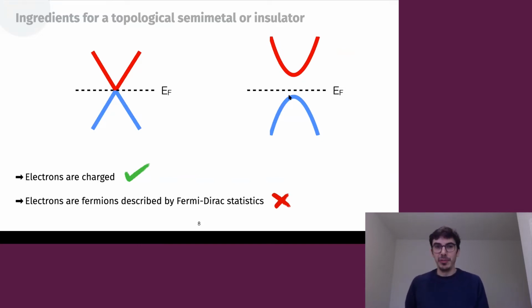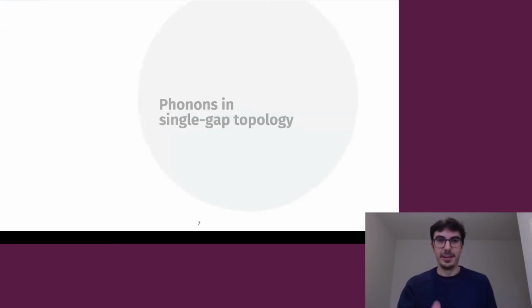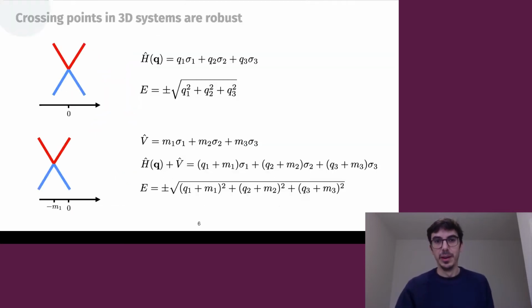The problem is that you may have these interesting band structures in other places of the energy spectrum, which are either very far below the Fermi level or very far above the Fermi level. And those in general will not be accessible to your system. So although, as I discussed a moment ago, this 3D crossing point should be very robust in electronic systems, we don't have that many examples.